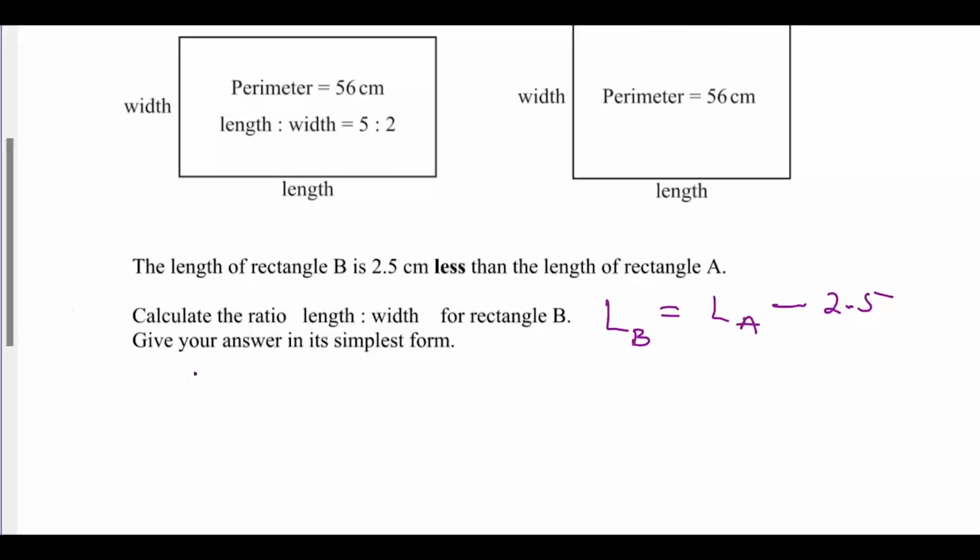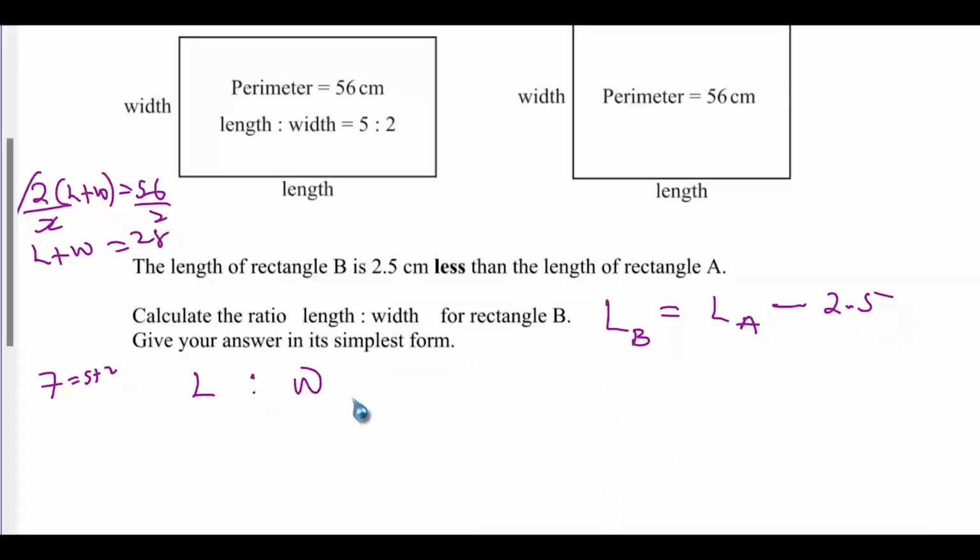From the formula of the perimeter of a rectangle, 2 times (L plus W) equals 56. Let's divide both sides by 2, so the 2 cancels. We are left with L plus W equals 56 divided by 2, that will be 28. So the total of L and W will be 28.